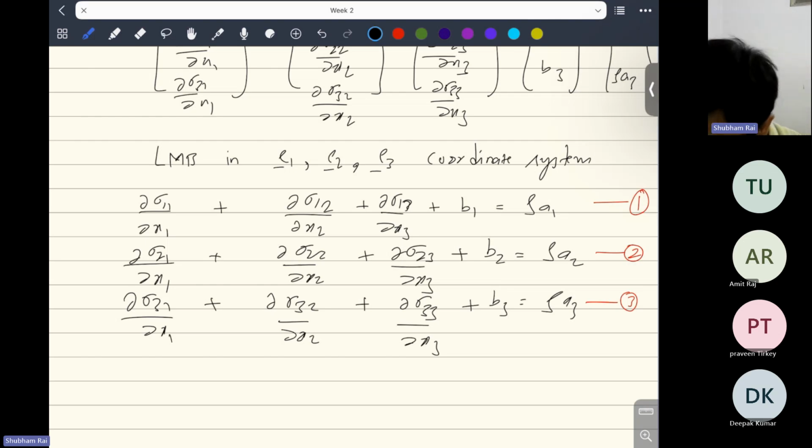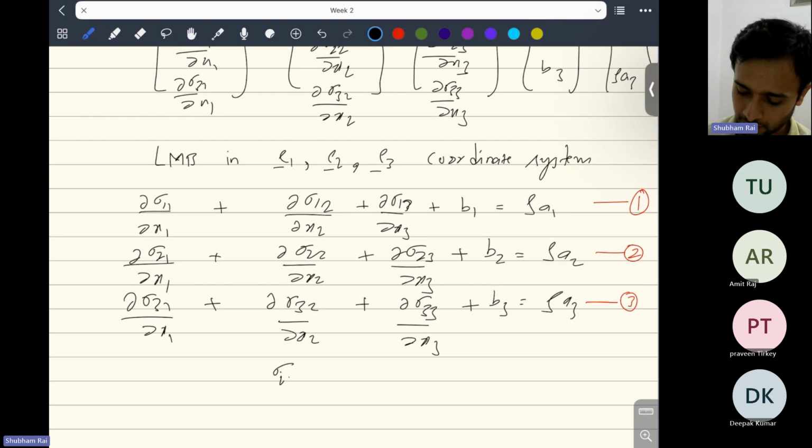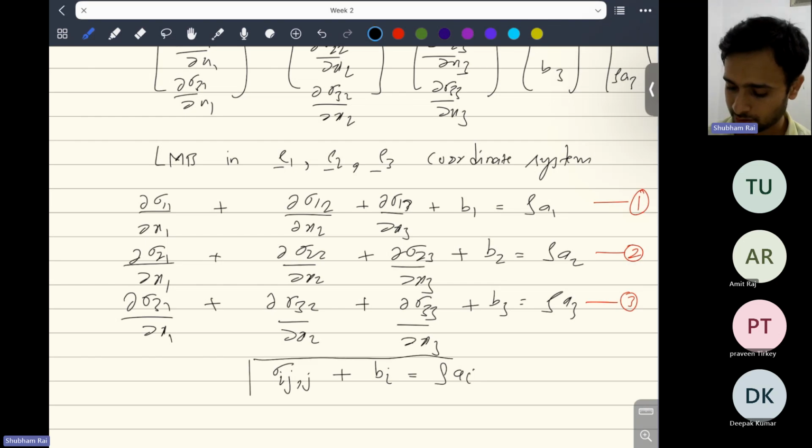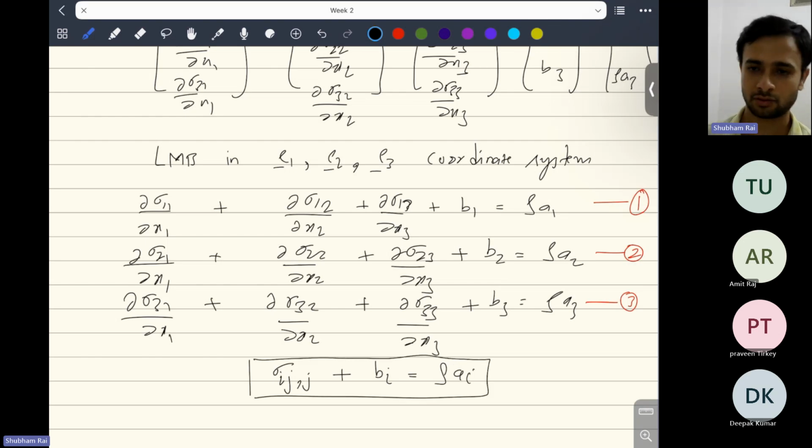So that can be written as sigma ij comma j plus bi is equal to rho ai. That is the final equation. See, index notation has a lot of advantage, that you can write this many linear equations in just one line, three words. Okay, so here comma represents the differentiation.